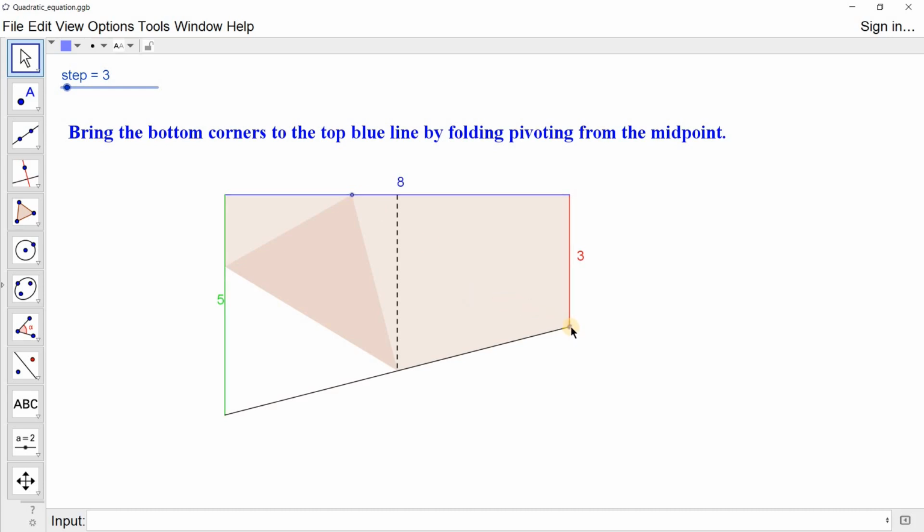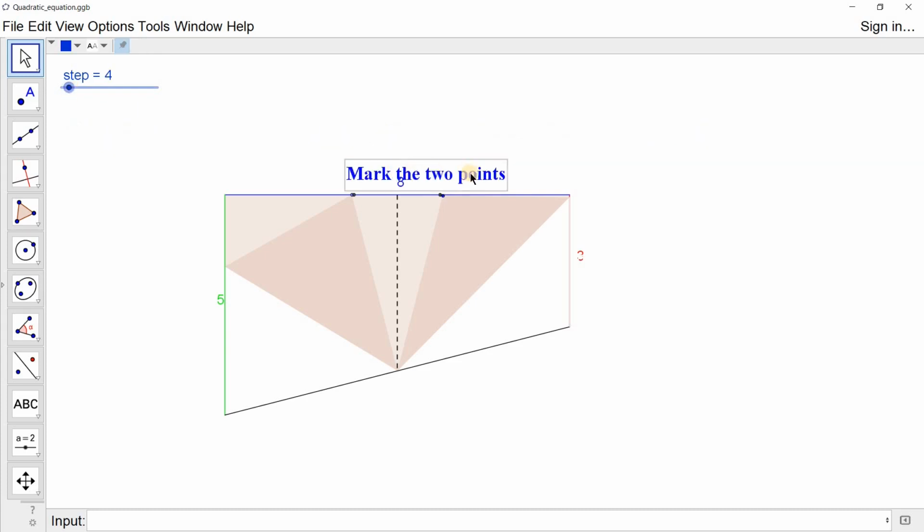And the same process is done for this point also. Just fold the paper in such a way that it just touches the blue line and at the bottom it just meets the middle crease. Then we mark these 2 points. So these 2 points are what we get as a result.